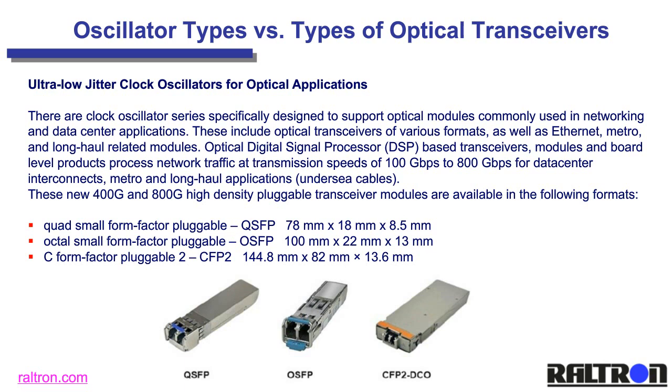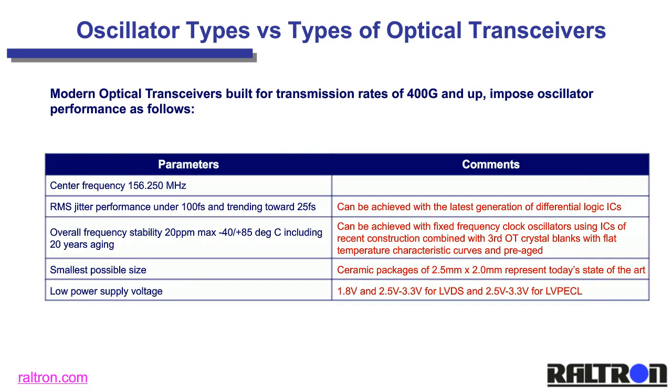So the oscillators that we're discussing for optical transceivers must fit in these sizes, and not only fit, but there are certain thermal constraints and consequently power level constraints that are related to the size of the application and the way it is connected with the rest of the network elements.